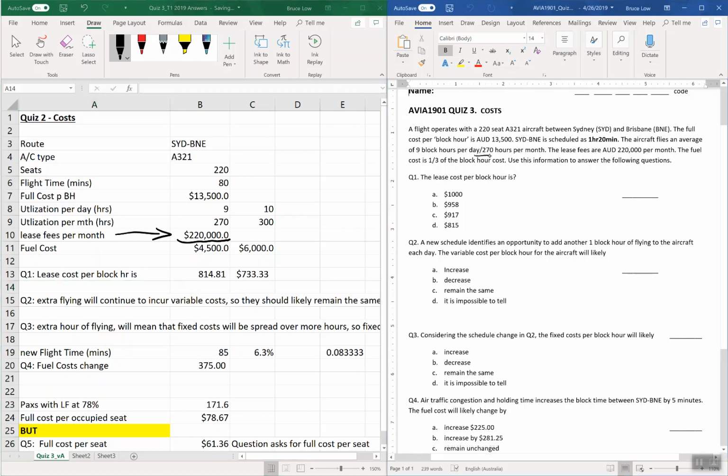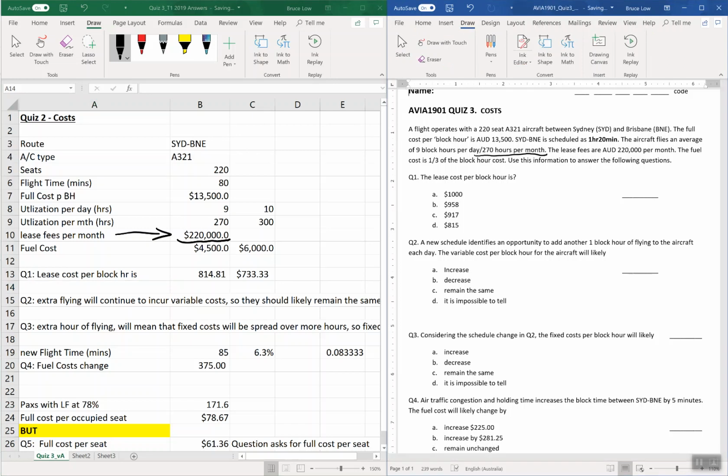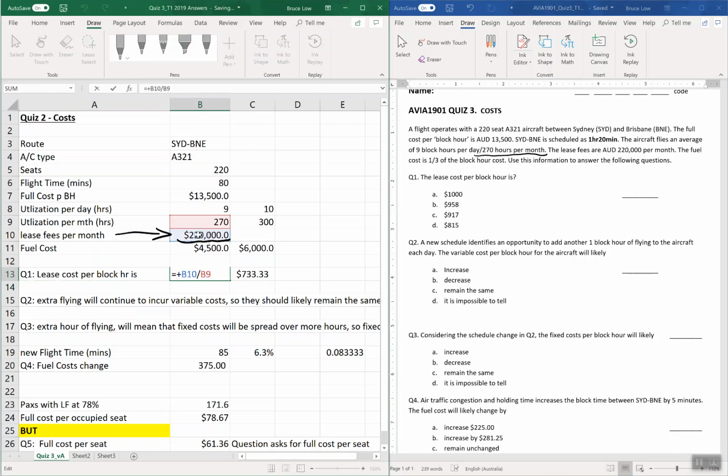And we're also told that it's 270 block hours per month. So our lease per month is the 220,000 cost per month divided by 270 block hours per month, which gets us $814.81. So the answer for this one is D, 815.